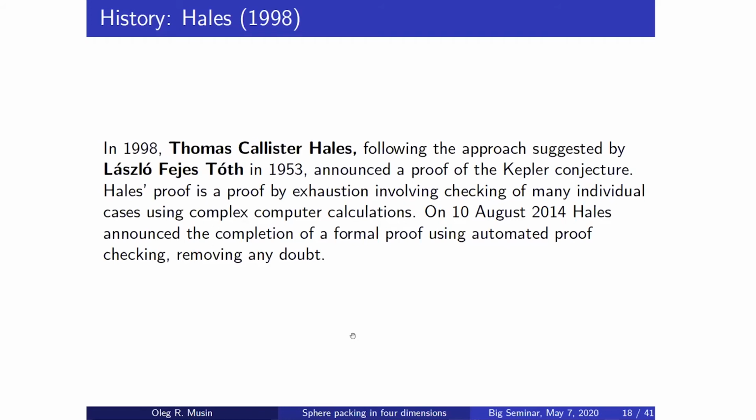It was published at the same time in two journals: in 2006 in the Annals, a shorter paper, and a whole volume of Discrete and Computational Geometry was about the Hales-Ferguson proof.